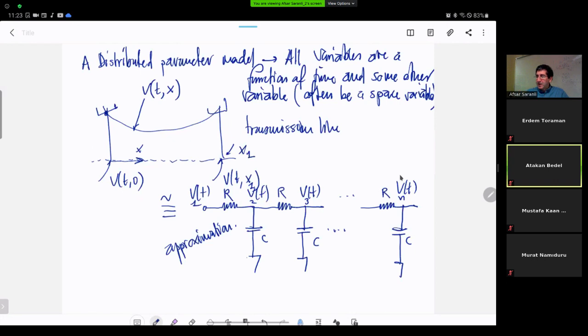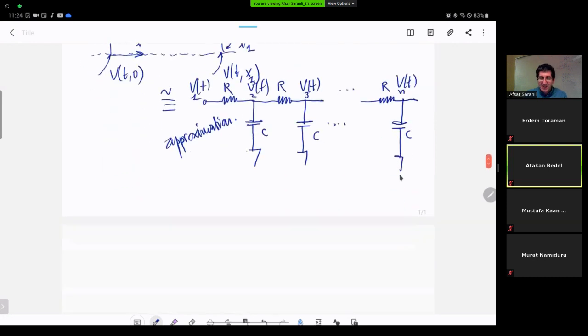But clearly we can see from this that a distributed parameter model of very low order may become a lumped parameter model of very high order, because the approximation imposes a large number of variables and a large number of components in order to maintain the approximation.